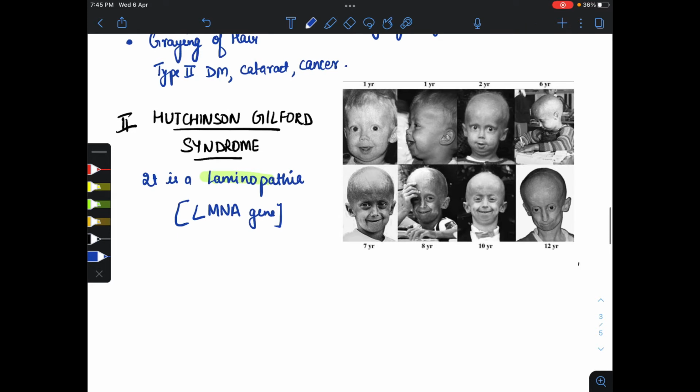As it is just opposite to Werner syndrome, where aging starts after puberty, here aging begins in early childhood.